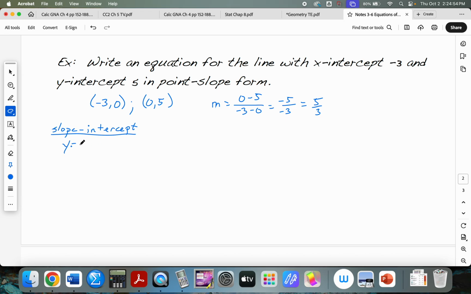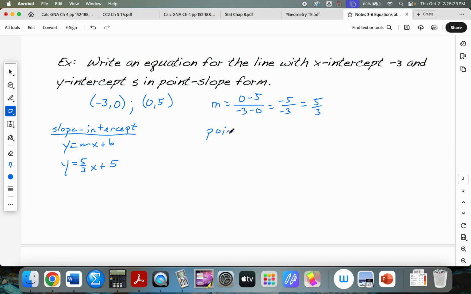That's y equals mx plus b. So that'd be y is equal to 5/3 x. And what's the y-intercept? 5. Oh, 5. 5/3 is the slope. And you can leave it like that.